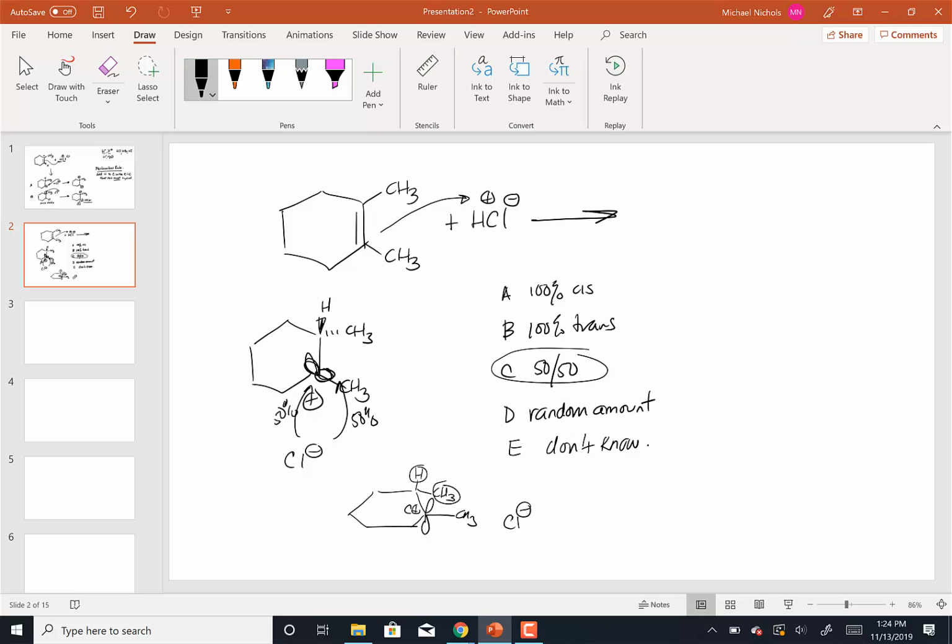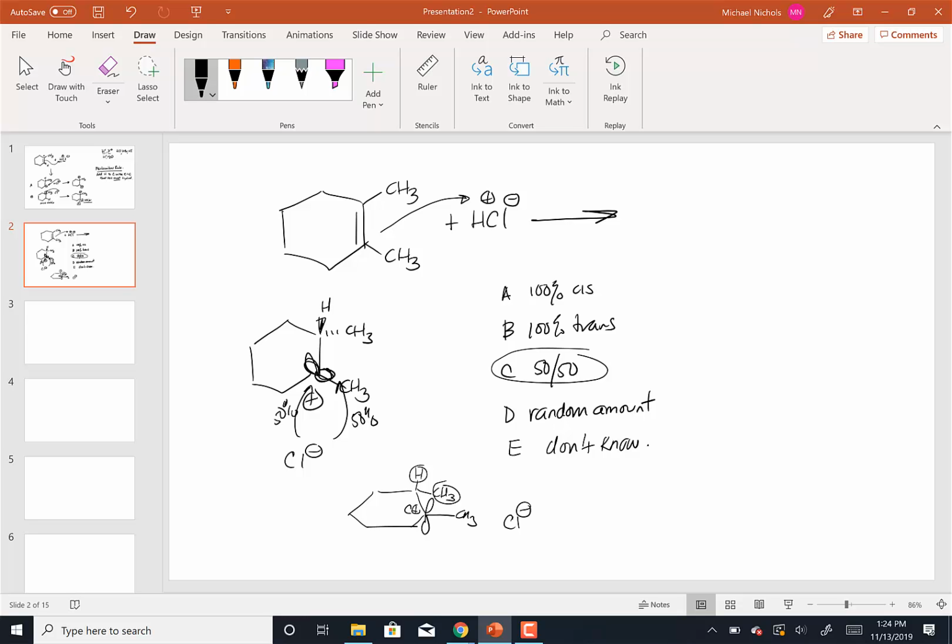So in other words, even if that was the case, which is kind of unlikely, but possible, the hydrogen's going to add 50% to the top and the bottom when it initially adds to the double bond. So that means I'm still going to end up with a 50-50 addition of H and Cl. 50% cis, 50% trans.